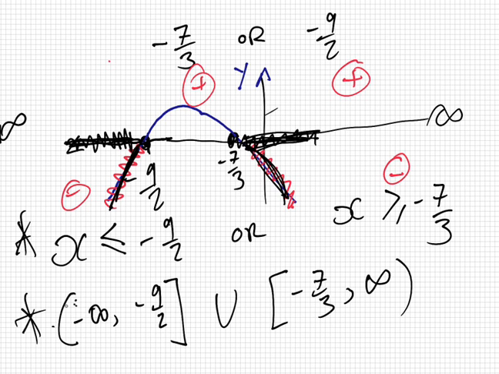Now, the ones I'd like you to do. From number 1, I'd like you to do x, y, and z. From number 2, x, y, and z. From number 3, I would like t, u, and v.